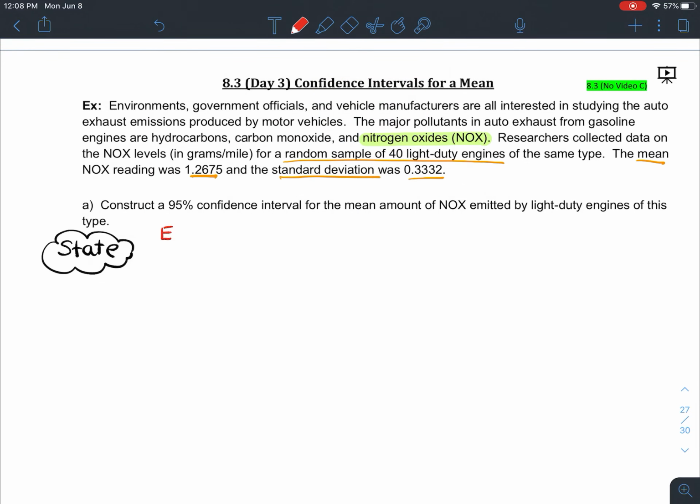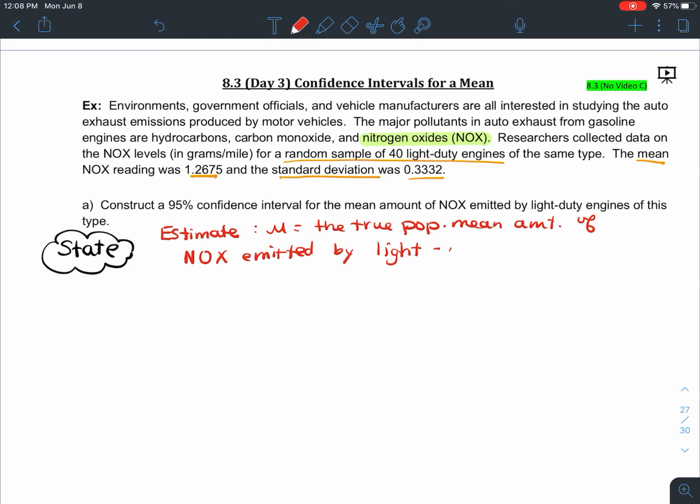Okay, so in the state step, this is where we're saying, what are we trying to estimate? Well, we are going to estimate mu, which is the true population mean amount of NOx emitted by light-duty engines of this type, okay?